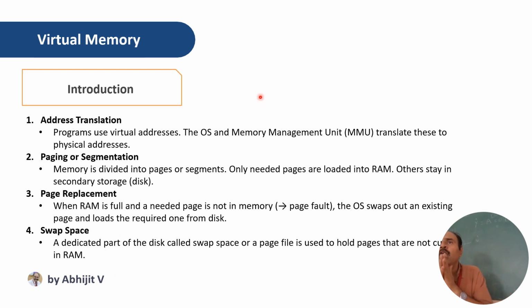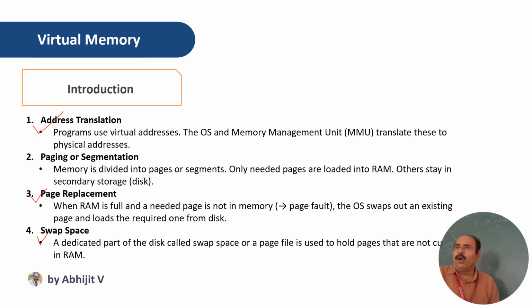So how does virtual memory work? What are the important stages? The first one is address translation. The programs use virtual addresses. The second stage is that it divides the whole process into pages or segments. This is called segmentation. Then page replacement and swap space.